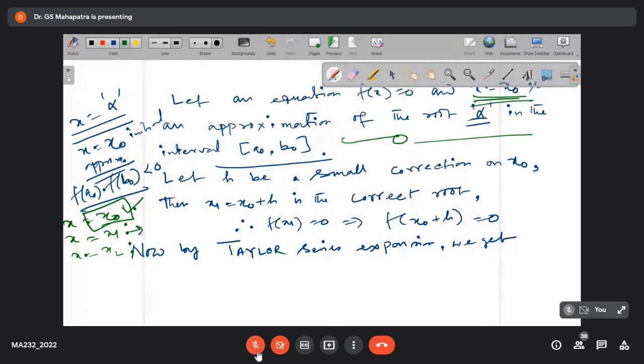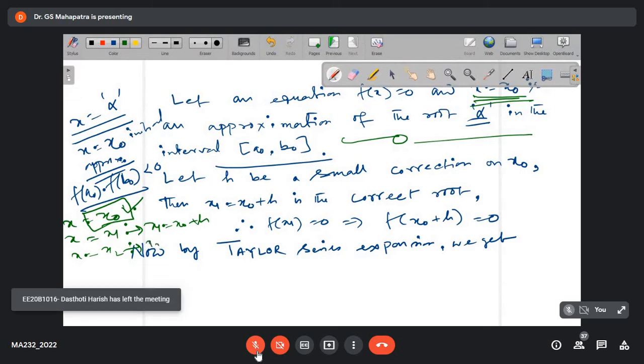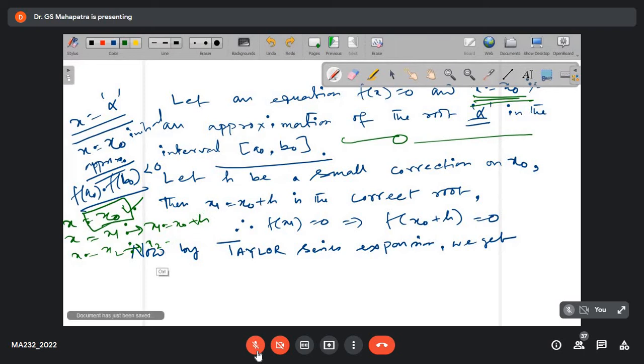To improve this, x1 is x0 plus h. Then to improve further, the next value is x1 plus h, but this h will be different. So how to find that h? We will discuss.